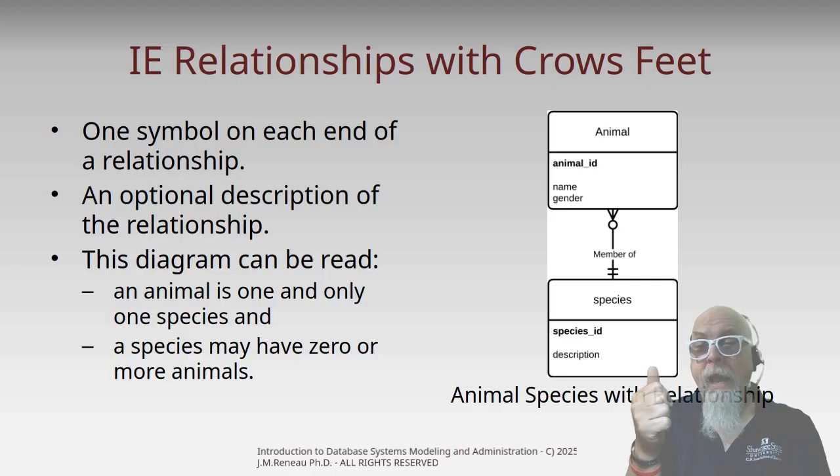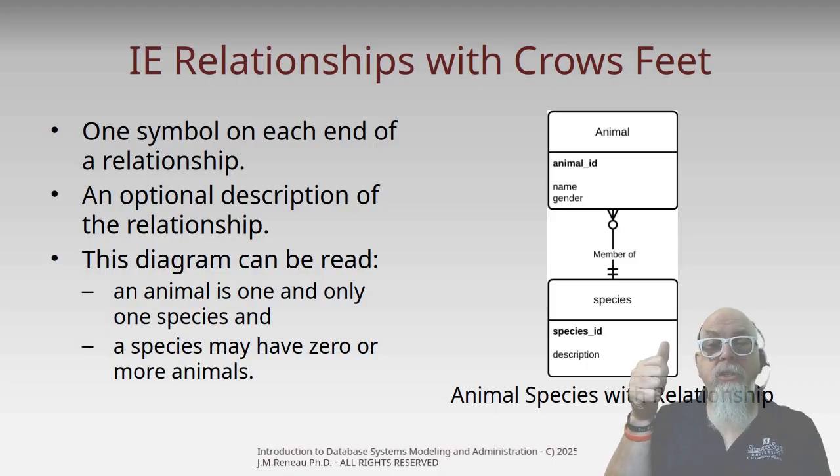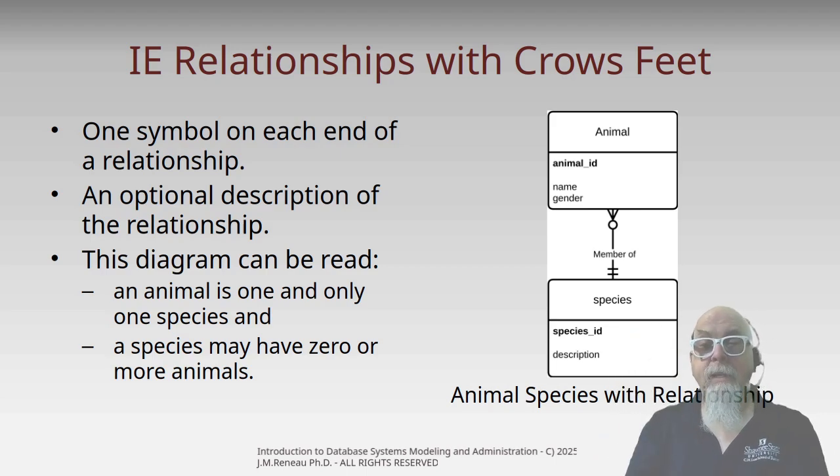So we might have a species code for a species that we haven't seen yet. So there you can see the relationship from species to animal could be a species has zero or more animals connected, but an animal is always connected to one and only one species.